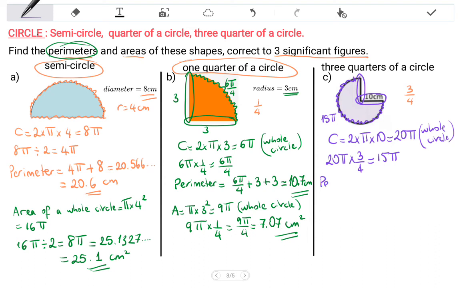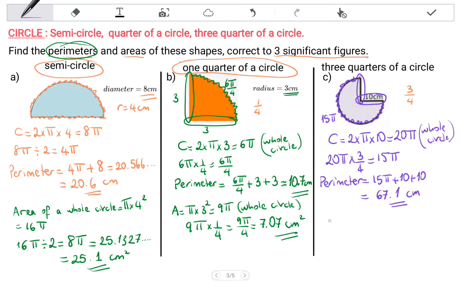And for the perimeter, I am going to add the other two side lengths to this value, and these are radius 10 plus another radius 10. When you write down those values on your display, you'll get a decimal number and do the approximation correct to 3 significant figures to get 67.1 centimeters, and this is the perimeter of this 3/4 of a circle.